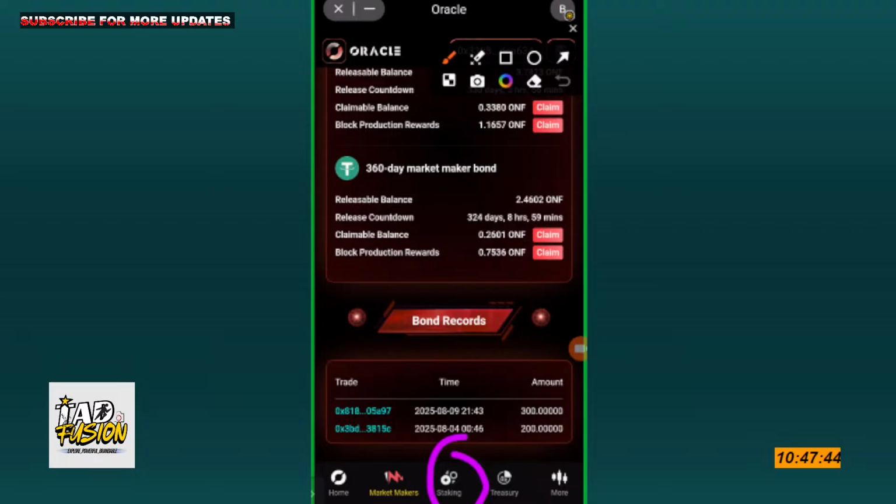Under staking, we buy ONF tokens that are already produced by the market makers. We buy them from Jucoin and bring them, we lock them into the system.